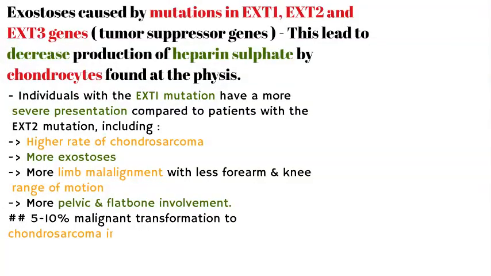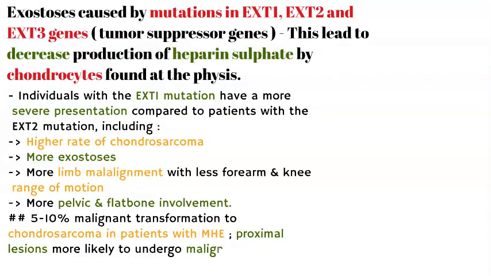Around 5 to 10% of patients with MHE undergo malignant transformation to chondrosarcoma, whereby proximal lesions are more likely to undergo malignant transformation than distal lesions.